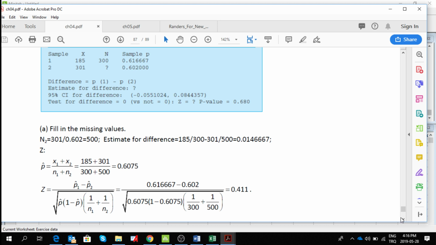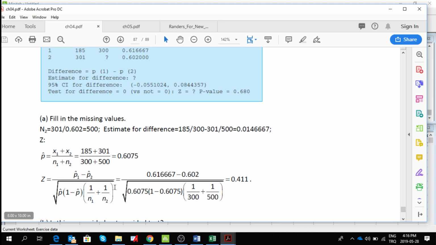And then the z value is given by using this formula: p1 hat estimation minus p2 hat estimation, over the square root of p hat times (1 minus p hat), which we just found here, times (1 over n1 plus 1 over n2). This is the formulation for the test statistic. So we know all of these.